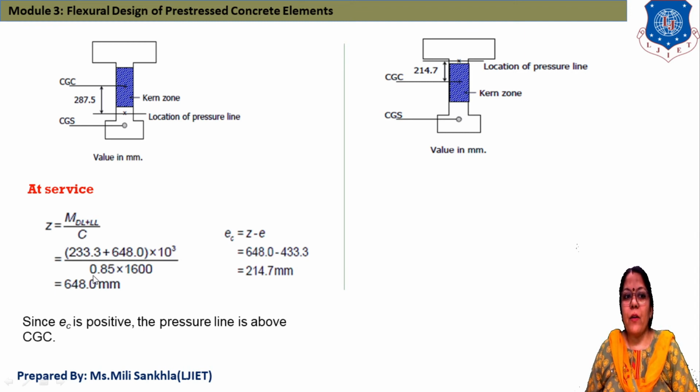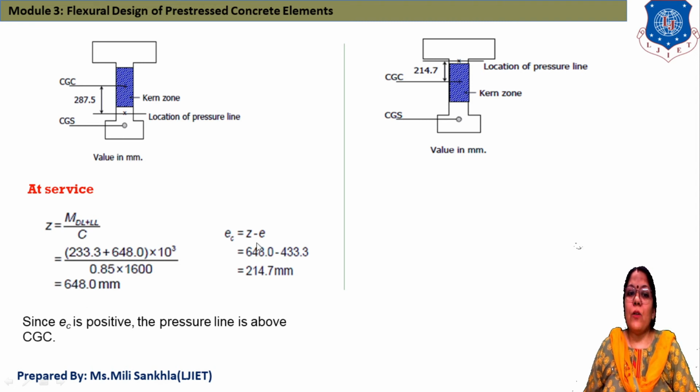And here we take the factor 0.85 because at service condition we have to use the effective force PE, so we simply multiply 0.85 into P. The codal provision in IS 1343 2012, when we find the effective force, 0.85 means simply 15% losses, so here we have to take PE equal to 0.85 into 1600. This is the pre-stress loss given in the example.